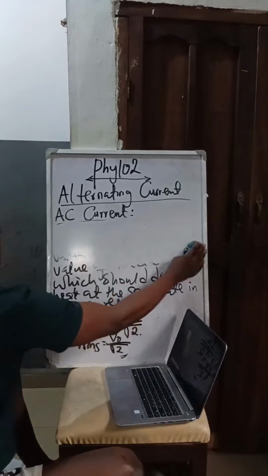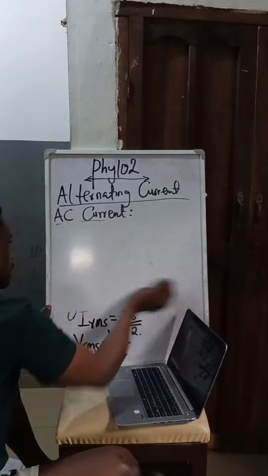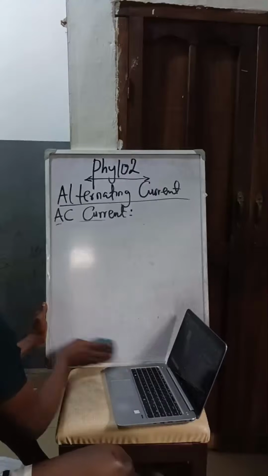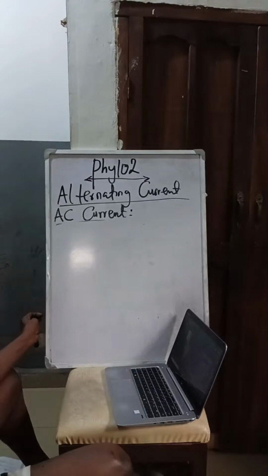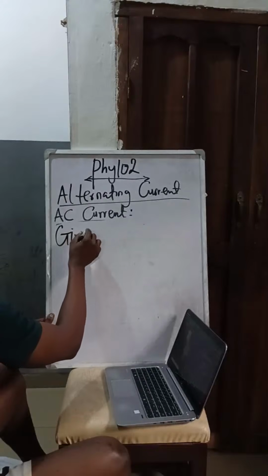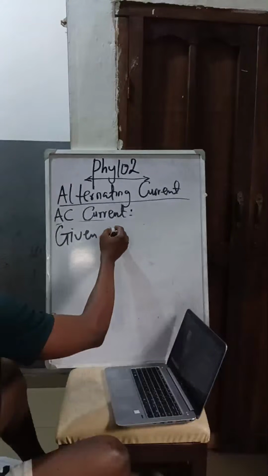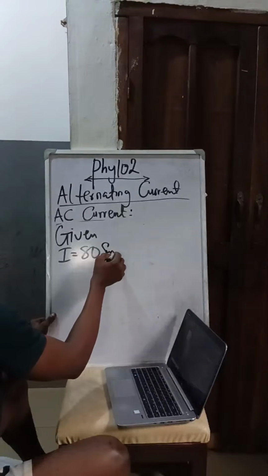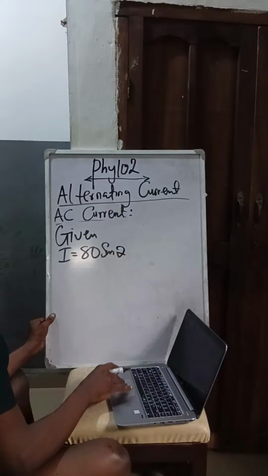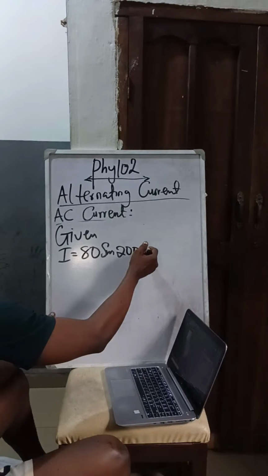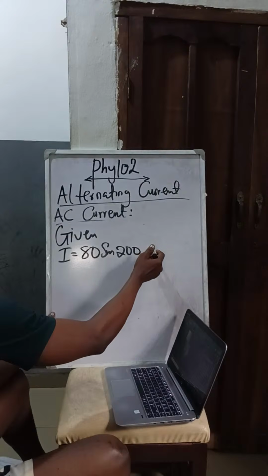Now, let's see that given I equal to 80 sine 200 pi t.